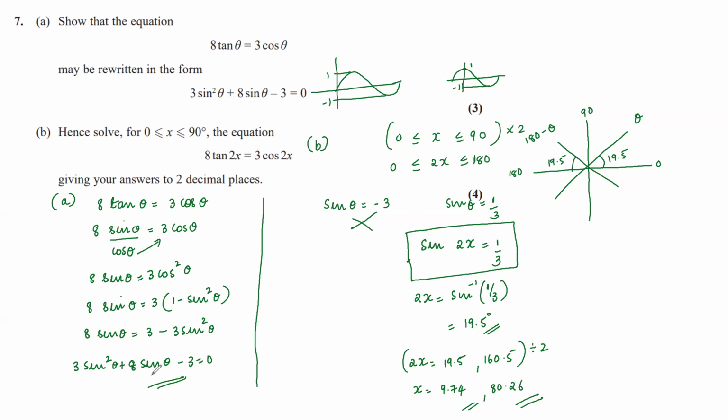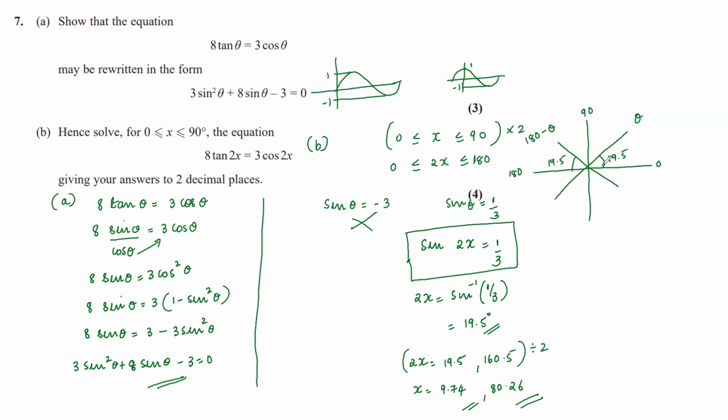So in the second part, use the quadratic equation and get the values for sine theta: minus 3 and 1 by 3. For sine values, the maximum is 1 and the minimum is minus 1, so if a value is not in the range of minus 1 to 1, you can directly cancel it. It does not exist. So only sine theta is 1 by 3. Instead of theta we have 2x here, so sine 2x is equal to 1 by 3. The first value from the calculator, sine inverse of 1 by 3, is 19.5. Sine is positive, as 1 by 3 is a positive value.